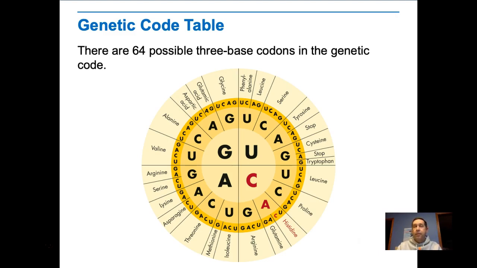There are several different ways to look at this, and this is one way to show all the possible amino acids produced by all 64 possible codons. The way you read it, you start in the center with the first letter, then you move to the second ring for the next letter, and then the third ring is the outer letter. Then you can read on the outside ring the actual amino acid that would be produced from that particular codon.